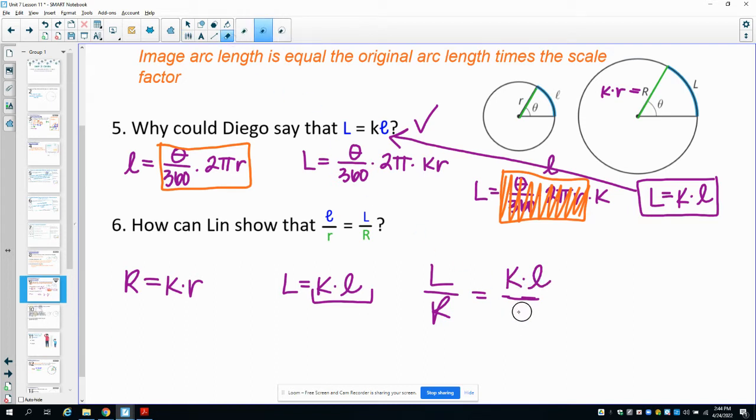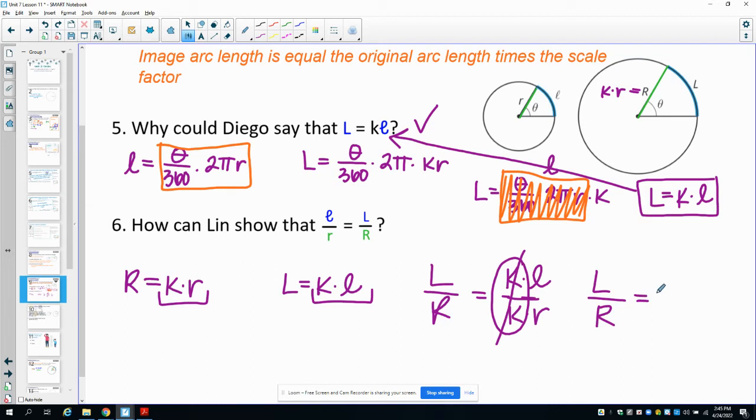And what do we know the dilated radius is equal to? It's equal to the scale factor times the original. And then how could we simplify this? Well, we know that K divided by K is 1. So this shows us that the dilated arc length divided by the dilated radius equals the original arc length divided by the original radius. And that proves what Lynn is trying to show there.